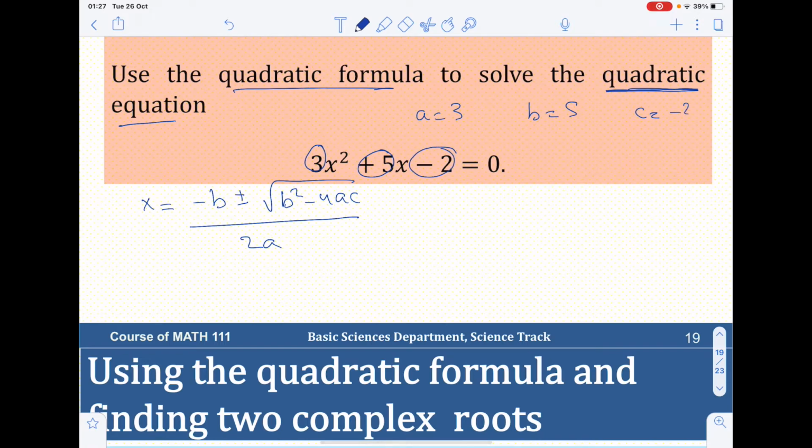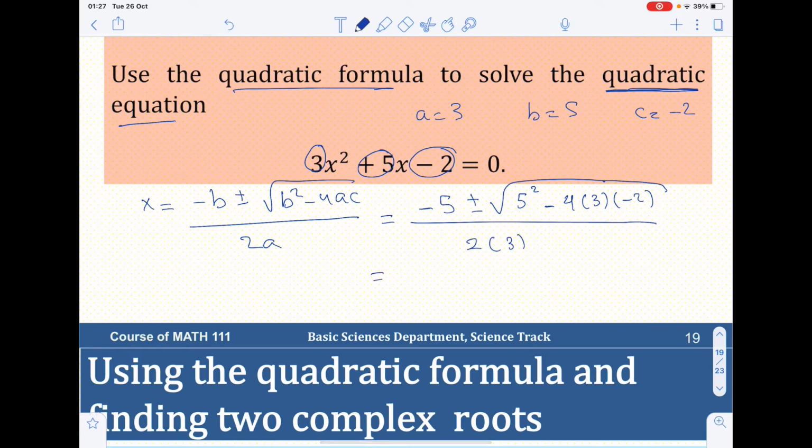Now let's substitute the values over here. So negative b, which means negative 5, plus or minus the square root of b squared, so 5 squared, minus 4 times a times c, over 2a, so 2 times 3.